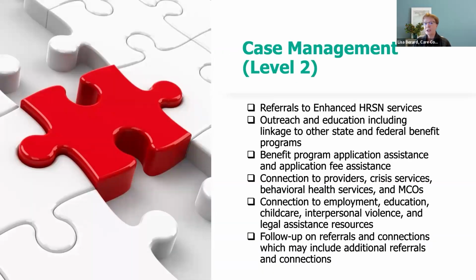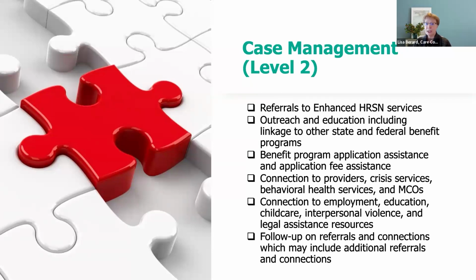So first, case management in level 2. This includes referrals to the enhanced services, outreach and education, including linking to other state and federal benefit programs. So not only to the HRSN services, but any benefits and programs that are reasonable for the individual.